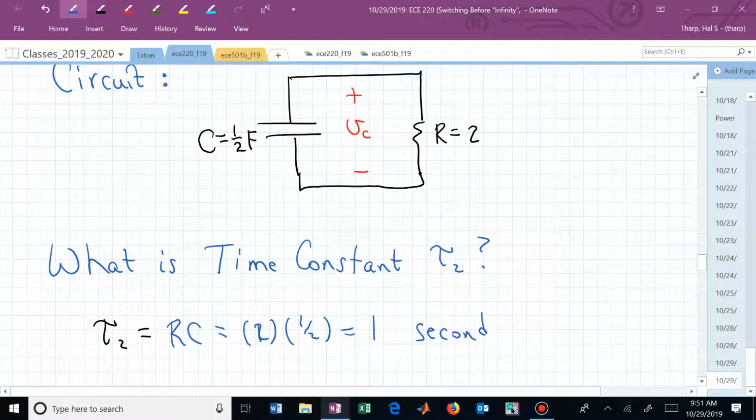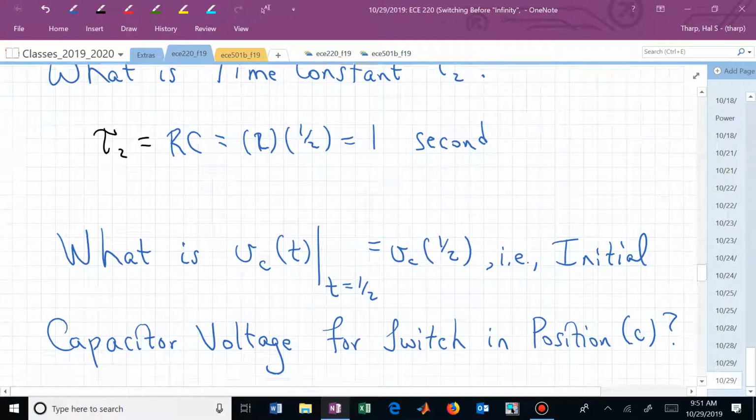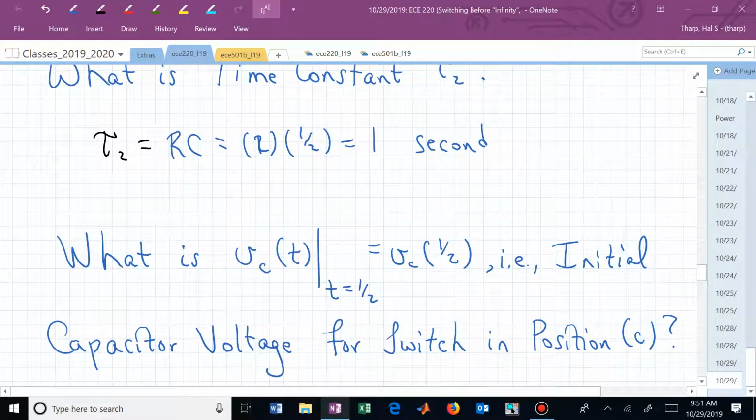Now our time constant has changed a little bit. It's reduced. And what is our initial? So now we know at 1/2 we have a new time constant. What do we do now? How do we proceed?